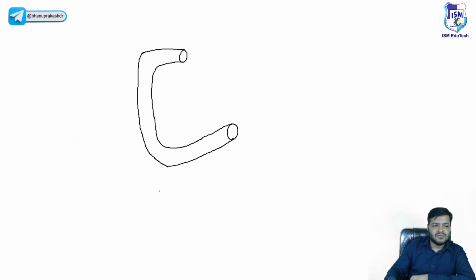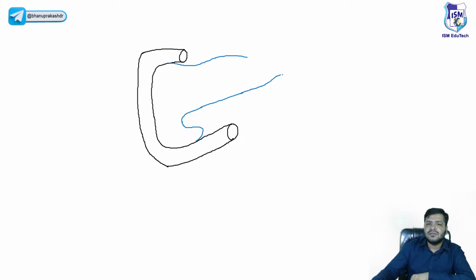So just see. Suppose this is the duodenum, and you are very well aware that we have this pancreas over here, right? So we have the uncinate process, the head of the pancreas, and the neck of the pancreas, and we have the body of the pancreas and the tail of the pancreas later, right?